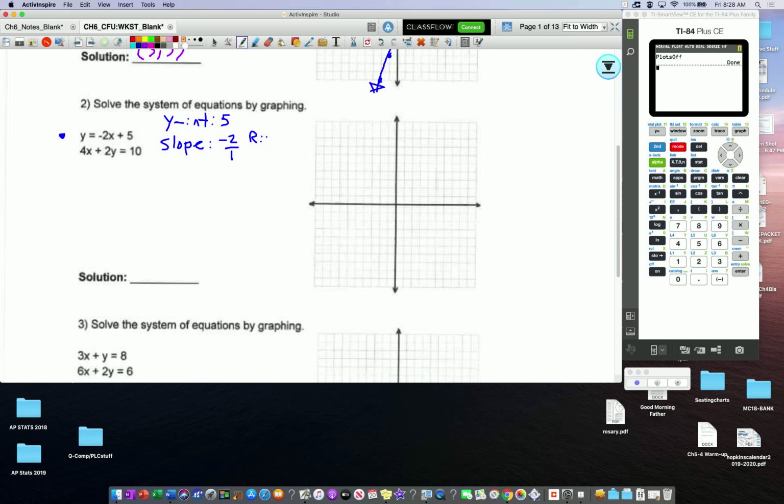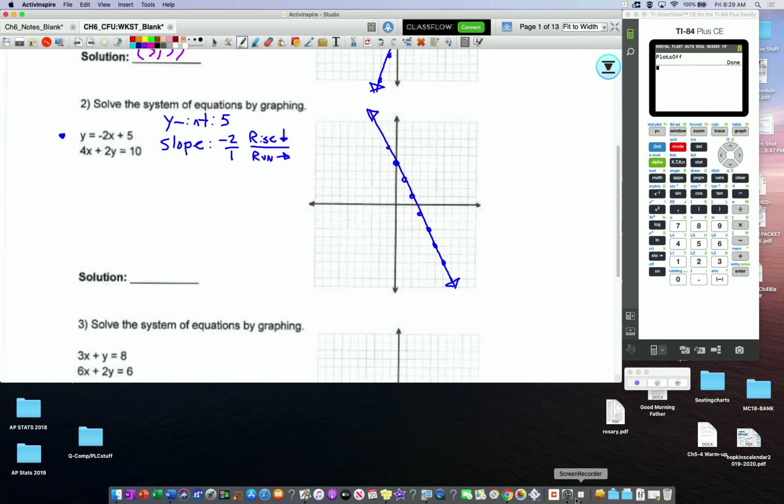So I'm going to go down 2 and run 1 to the right. But again, I start at 5, so 1, 2, 3, 4, 5 on the y-axis, the y-intercept. Down 2 to the right 1, down 2 to the right 1. Keep on doing that process. Connect those points. Beautiful.